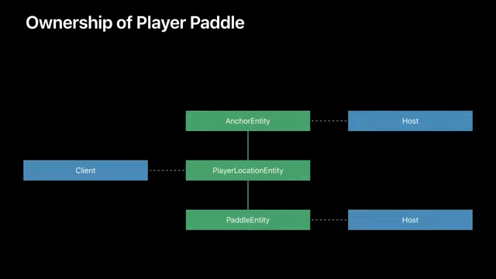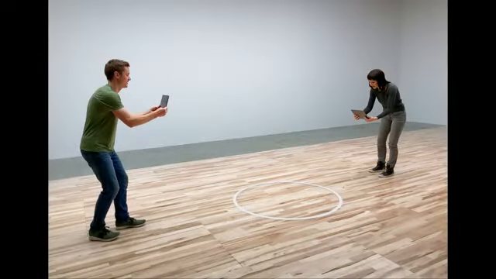So as the player moves around, the player location entity location gets updated, and that moves the paddle entity, but the host maintains control over what actions the paddle entity takes. It can turn it on and off and make sure that the gameplay remains fun for everybody. So let's look at how all that came together with ARKit 3 and RealityKit to make a great gameplay experience.